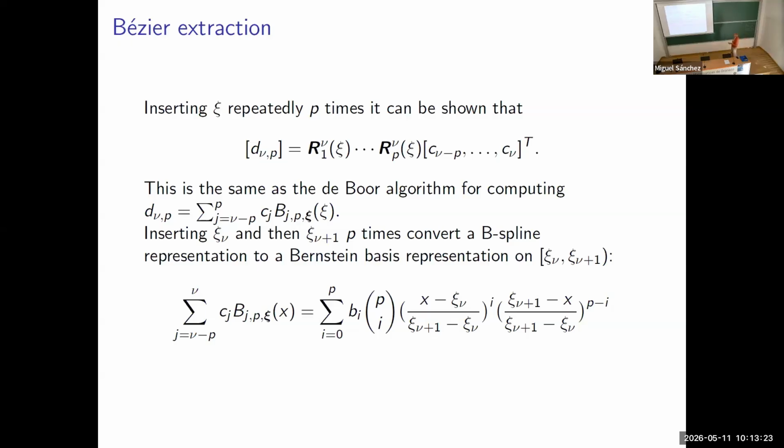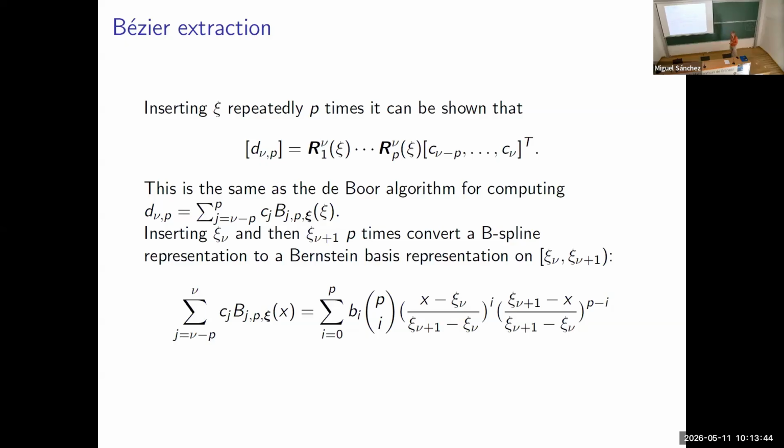You can write it as a product of those B-spline matrices multiplied by the original coefficients. And this is actually the Boehm algorithm for computing the value at the point xi in this case.